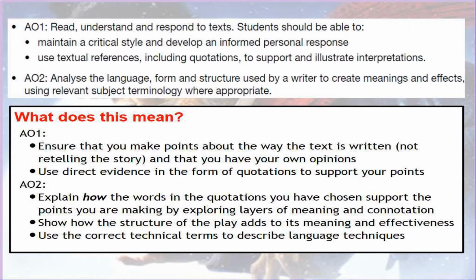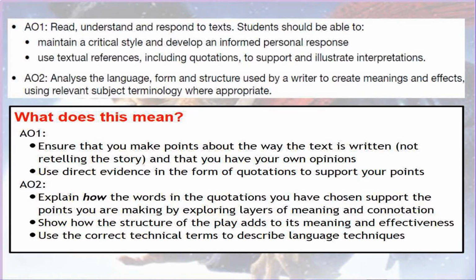Now the mark you get for AO1 is directly impacted by how sophisticated your ideas are. So if you have more subtlety, more complexity in what you're saying in answer to the question, that will get you a mark on a higher level. If your response is very simplistic, that will obviously limit the mark that you can possibly get.